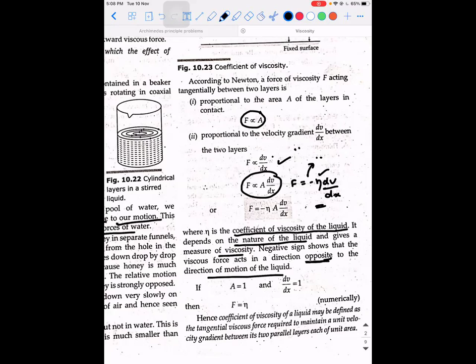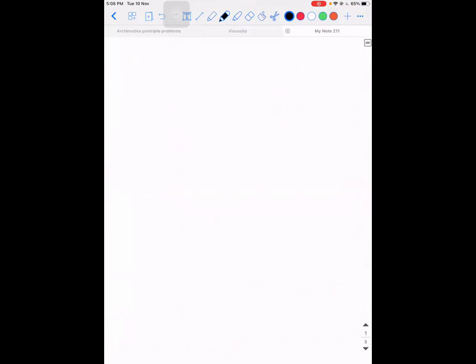So for that, see, you have a formula like this: minus neta into A into dv by dx.